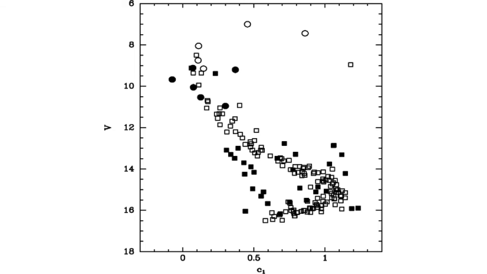I'm not going to go through C1 with you; you can look it up if you want. It's kind of fancy, but it's a color index, basically comparing magnitudes through three different filters. This is the blue end over here on the left at the zeros. This is the red end.